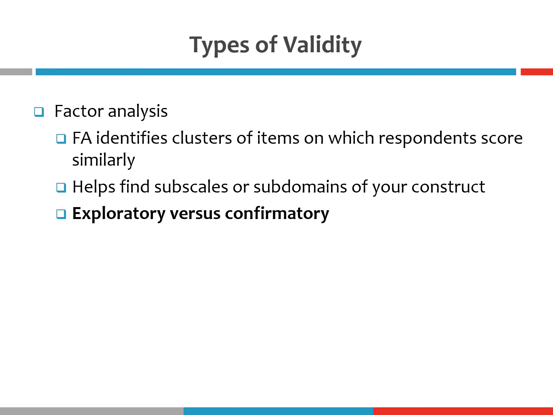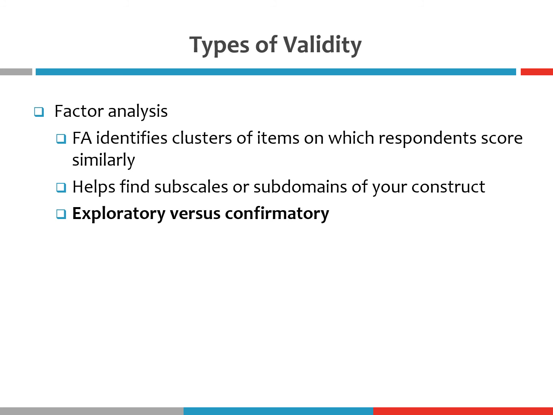There's exploratory factor analysis, where you have no a priori or no predictions beforehand. Okay, so going into it, you have no expectation that particular items will correlate together, or you have no predictions, but you just want to see if there might be particular subscales.